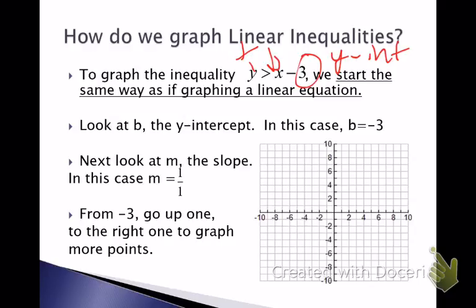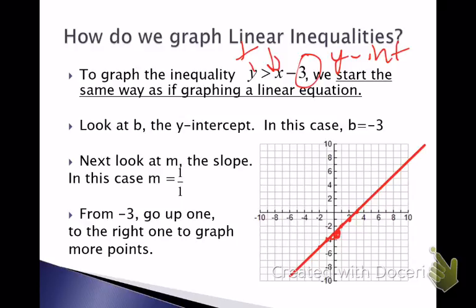Okay, so we start at negative 3. And the slope is 1 over 1, so we go up 1, right 1, up 1, right 1, up 1, right 1. We can go down 1, left 1, down 1, left 1. And that's going to be our line. So we draw a nice straight line right through those points.